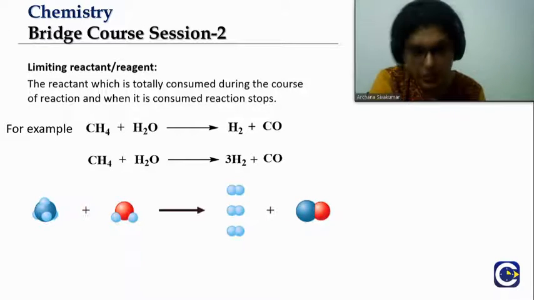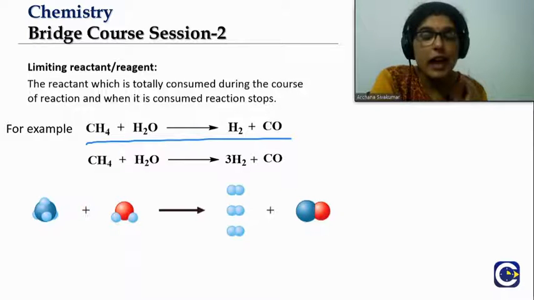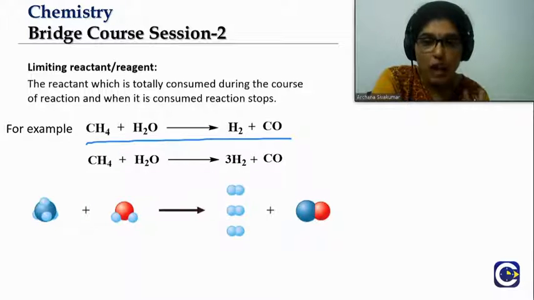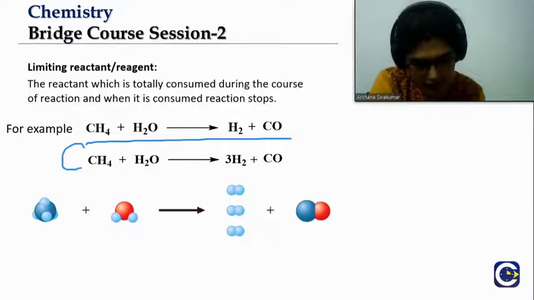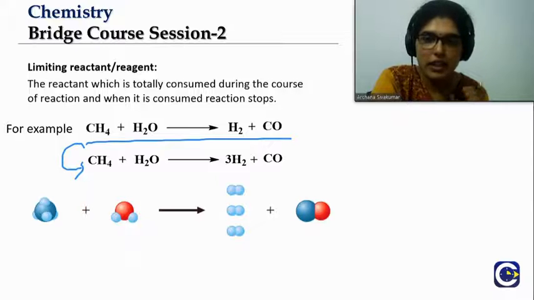The example I have taken here is the reaction of methane with water, which gives hydrogen gas and carbon monoxide. If I balance it, this is the equation I get: one methane with one water will give rise to 3 hydrogen gas and 1 carbon monoxide.